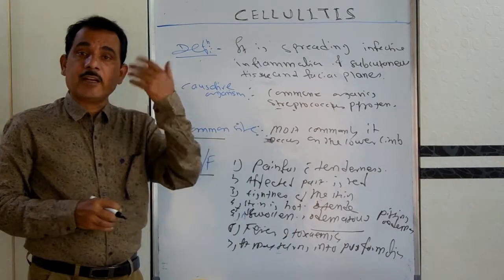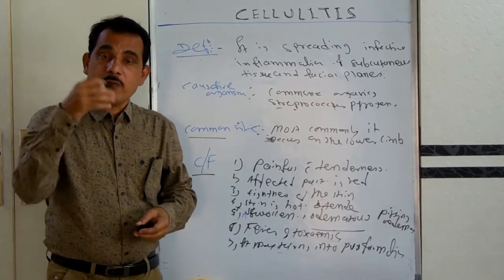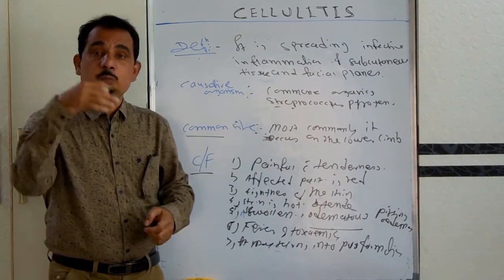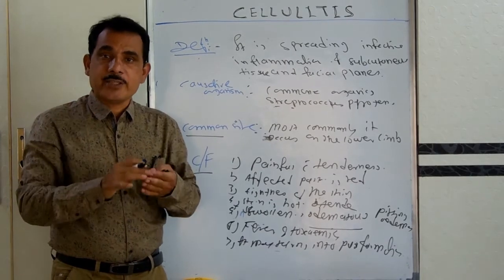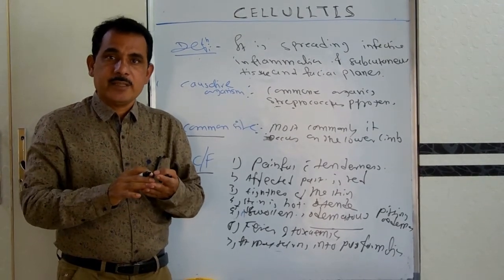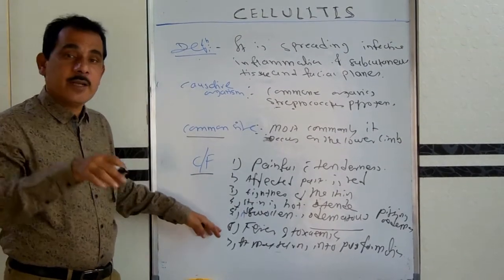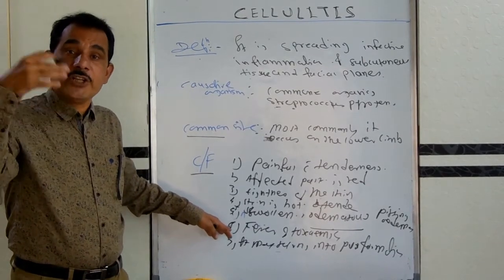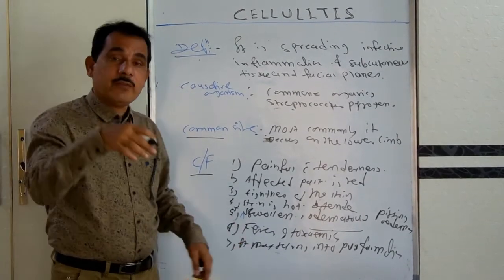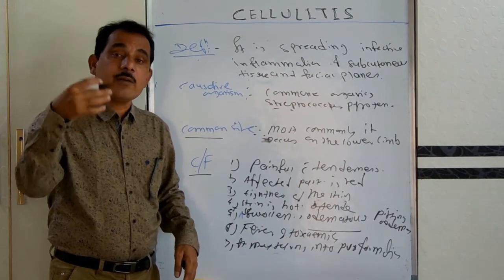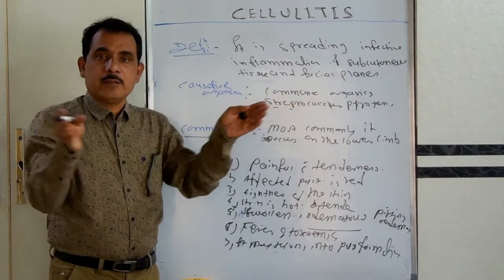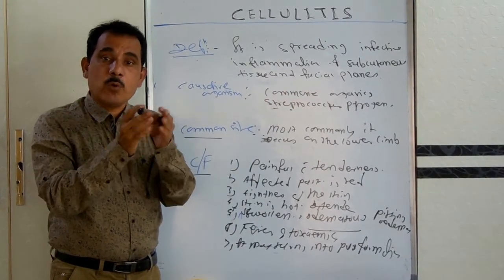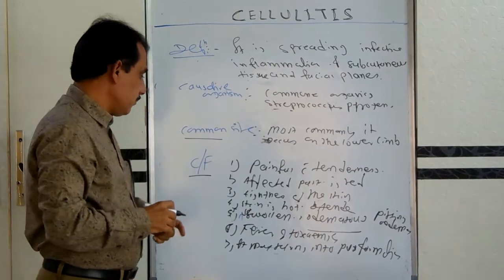There may be other clinical features when this infection becomes more severe. There is dizziness, lethargy. All these symptoms will be developed in addition to that. Shaking chill. There may be a fever with chill. In advanced cases the inflammation spreads more, occupying more area of the body tissue.